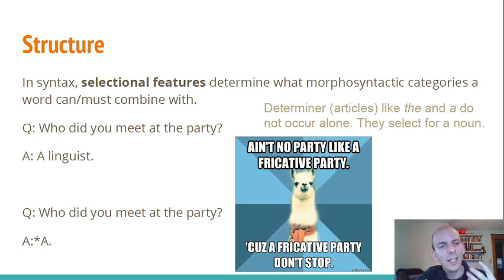That determiner needs something else. It selects for something else. And what it selects for here, we can see, is a noun like linguist. Different parts of speech have these ideas where they need something else to combine with. Kind of bank that for now in the back of your mind, and that'll circle back around as a general concept.